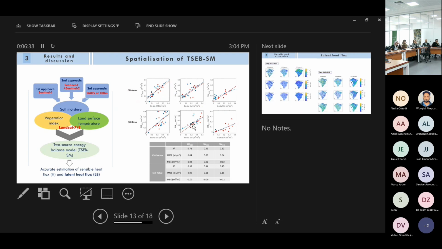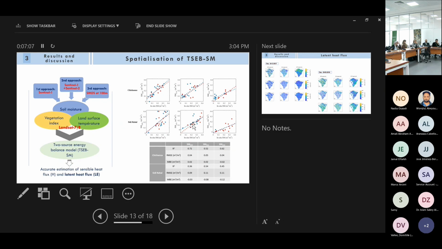Okay. To test the applicability of our model at large scale, we used soil moisture from satellite data, and in this work we tested several soil moisture products from different sources. The first soil moisture was retrieved by Sentinel-1 alone, which is the approach developed by Nena.